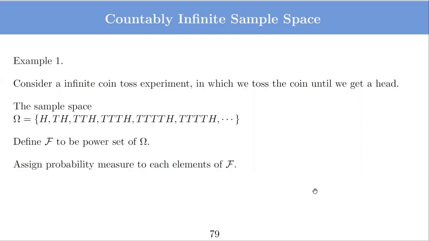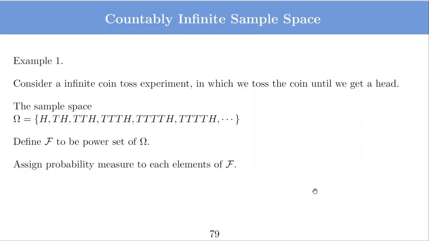It's an infinite coin toss until we get H. In any outcome, the last one is a head, but the ones before are T. So this is again a countably infinite set, because for any element, you can count how many T's there are, and if there are 4 T's, it is the fifth element. Okay, so the ordering is already defined.